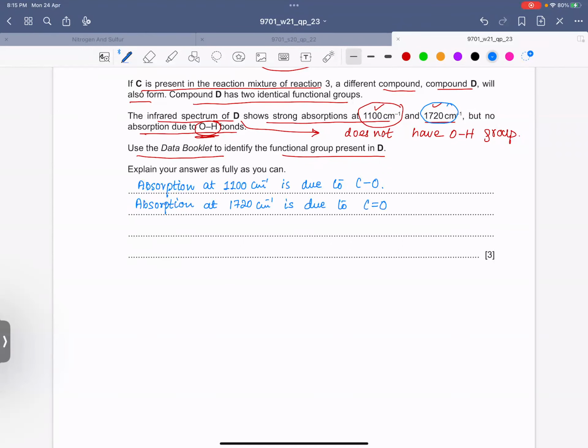And further, there is no OH group over there. That's the third thing.